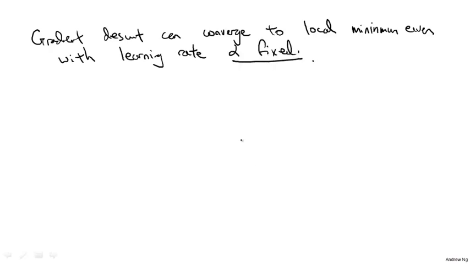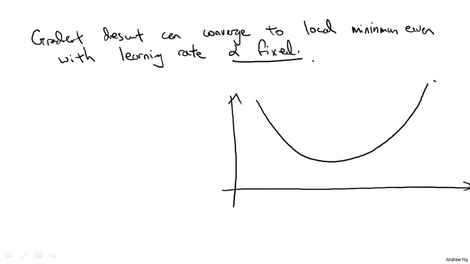Here's what I mean by that. Suppose I have a function, as usual, J of theta, that I want to minimize. Let's say I start from here, take one step of gradient descent, and maybe I'll end up stepping down here.